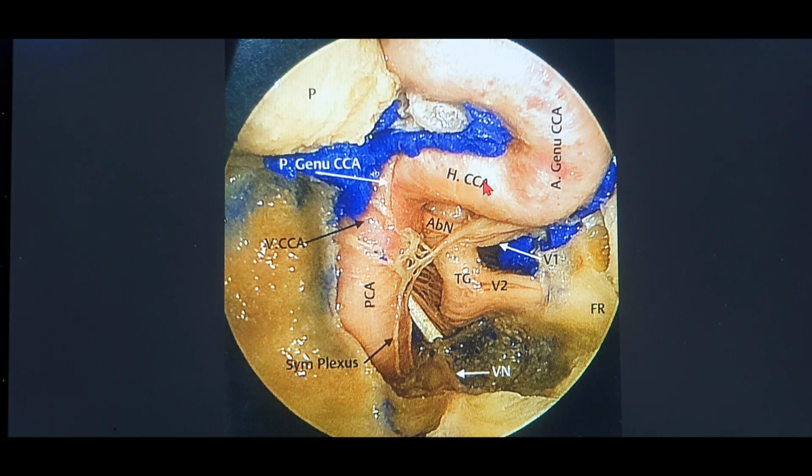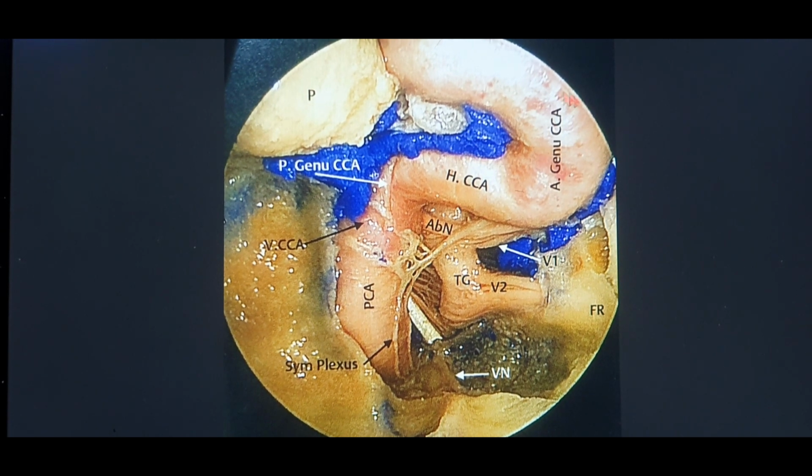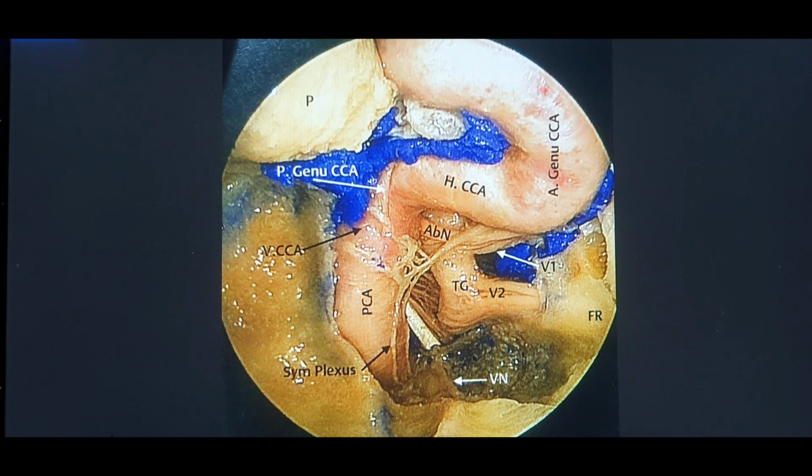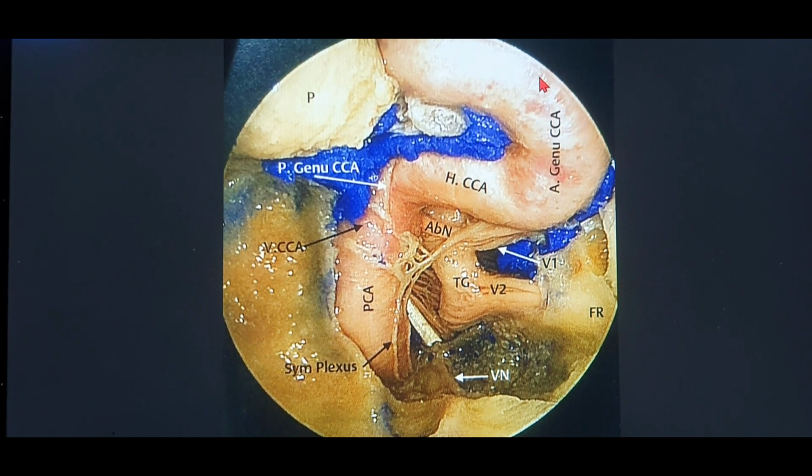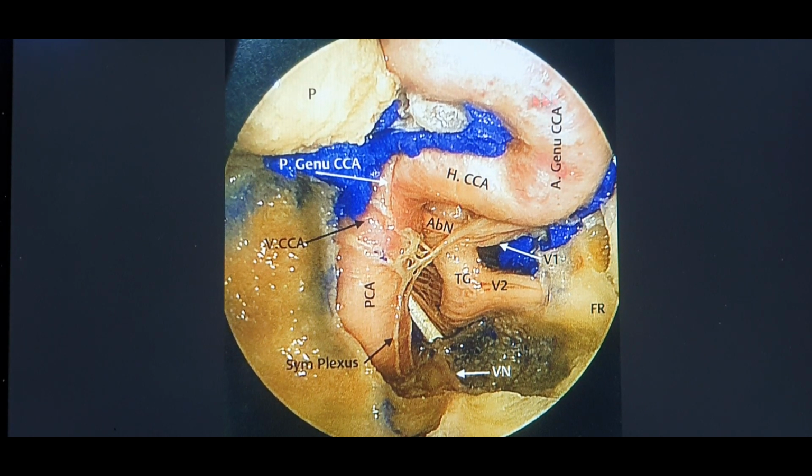So the first one, which I'll be explaining here to you, is the McConnell's capsular artery. Now the word is really important. Again, I call it McConnell's capsular artery. Now this capsular artery is not always present, but it is present in about 50% of the human population, and when it is present, it will always be around the superior most aspect of the cavernous carotid, as you can see, this is the superior most area of the cavernous carotid.